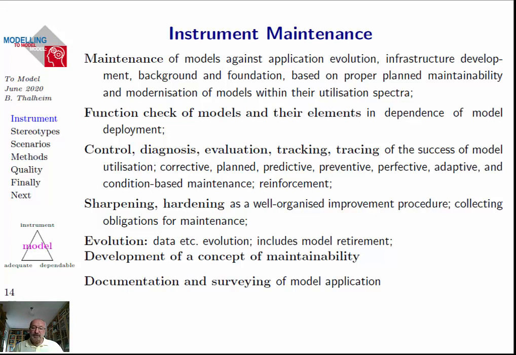Models should have maybe some proper evolution, and for this reason we would have also something like a model retirement. And maybe we have to develop a concept of maintainability, and we have to document and survey the model application.